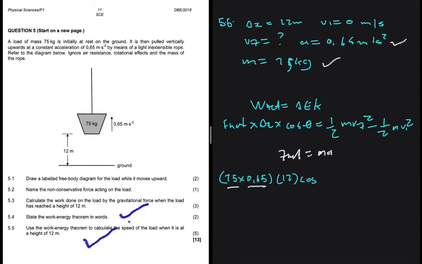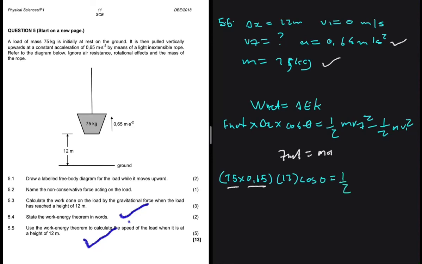The product of two positive numbers is positive, right? So that means that F net is pointing up. It is positive, right? So F net is going up. We know that our displacement is also upwards, so the angle between the F net and our displacement is 0, right? So we're going to have cos of 0 there, and then that will all be equal to a half.